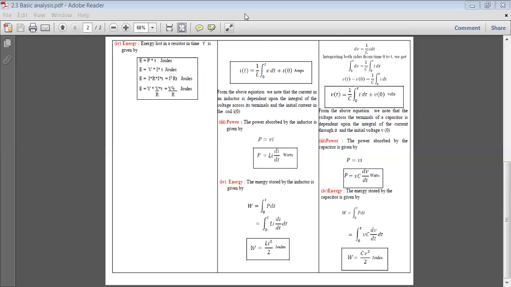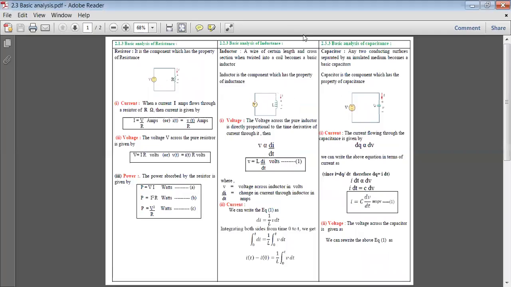Now we'll go for the next one, capacitance. What is a capacitor first of all?